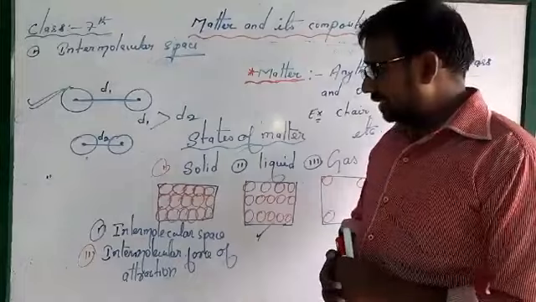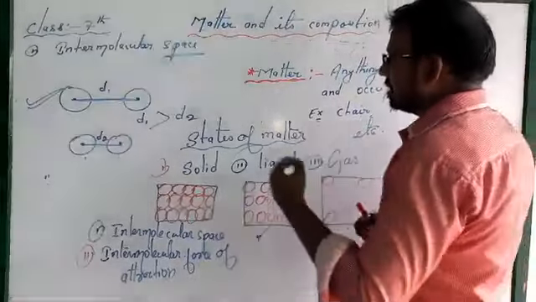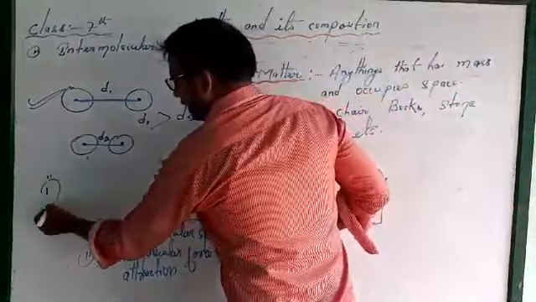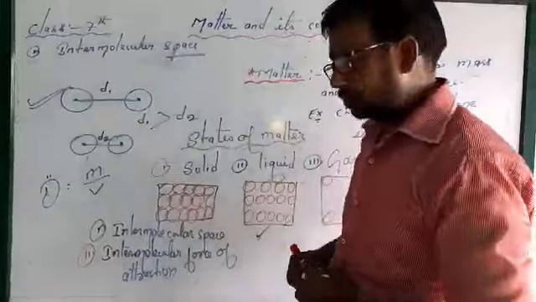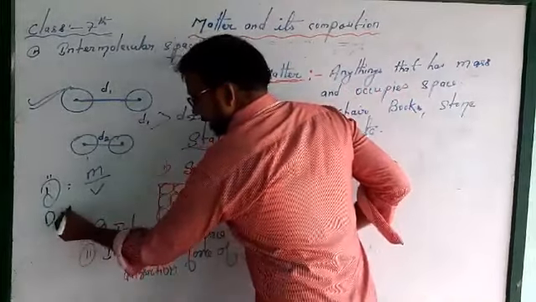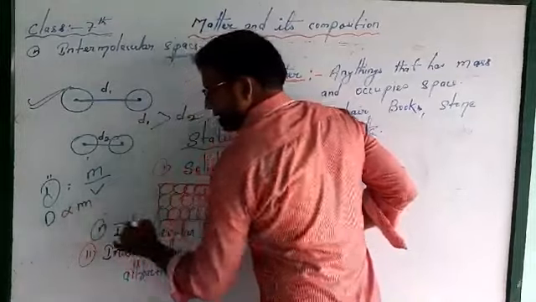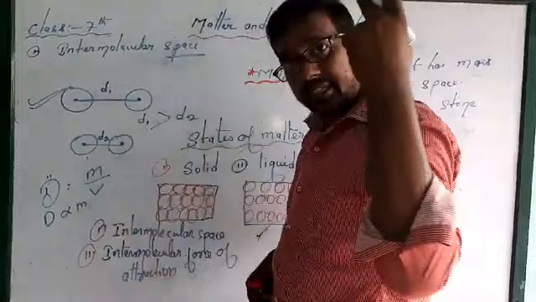Another one is density. What is the meaning of density? Density means mass per volume. Density is directly proportional to mass: if mass increases, density increases.